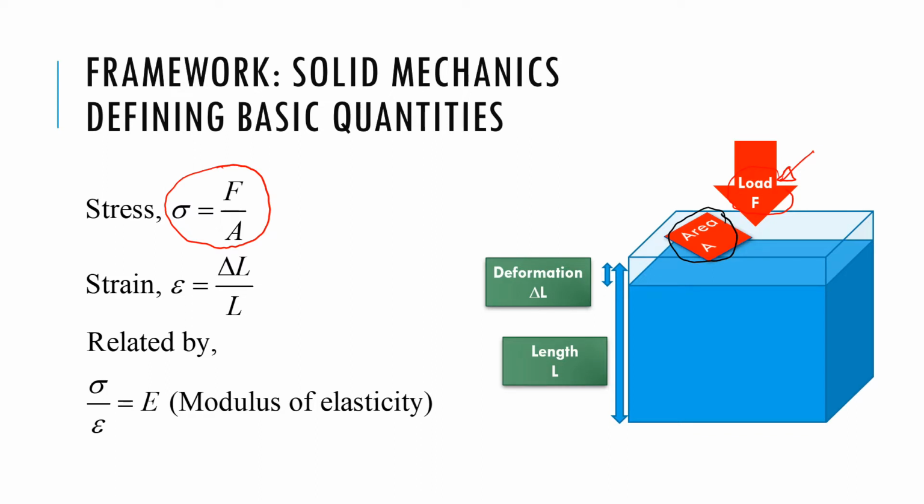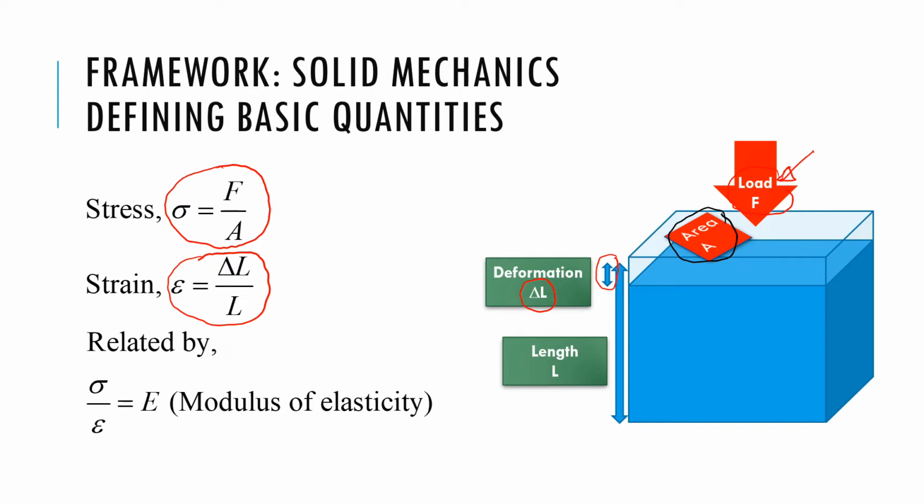Because of this load, this cube will deform, so it will compress in this case, and let's say the compression is of amount delta L. That's the deformation. And so strain is defined as this deformation divided by original length.